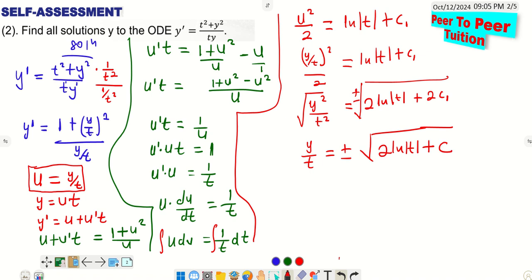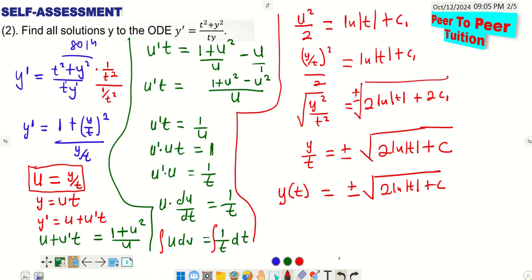Then the final thing is to make y the subject. y as a function of t is equal to plus or minus the square root of 2 ln t plus c.